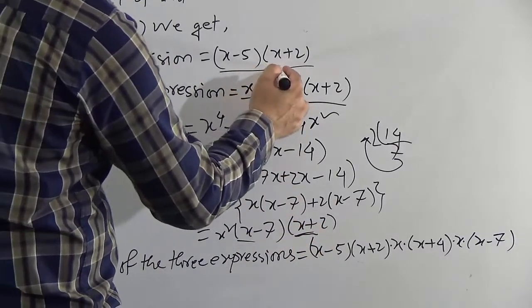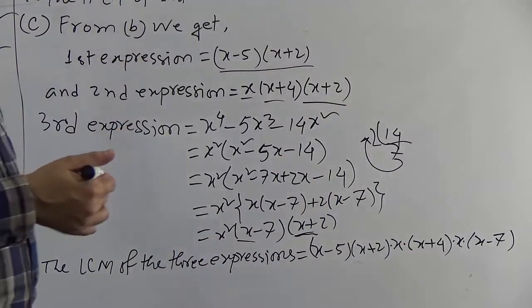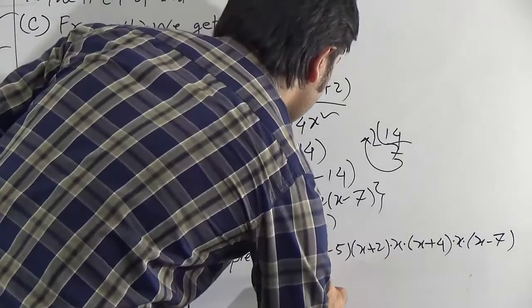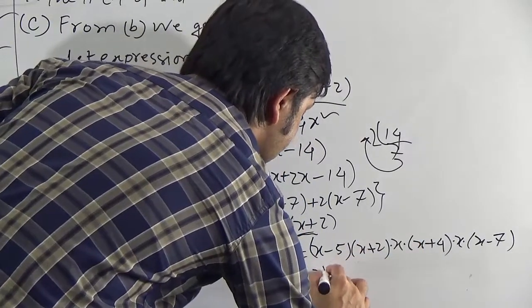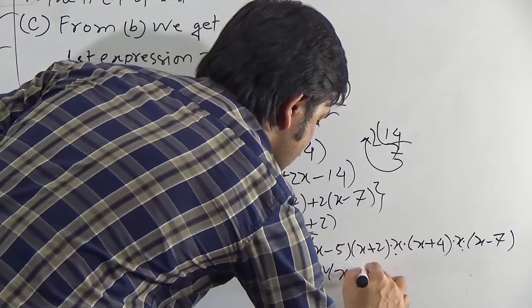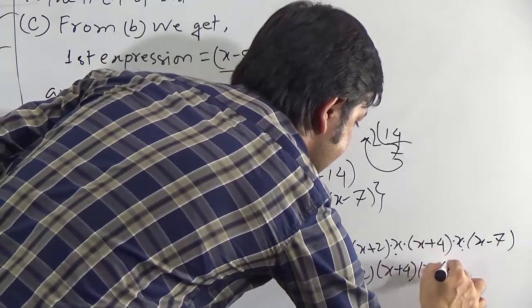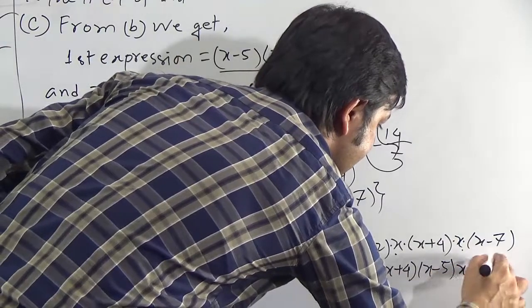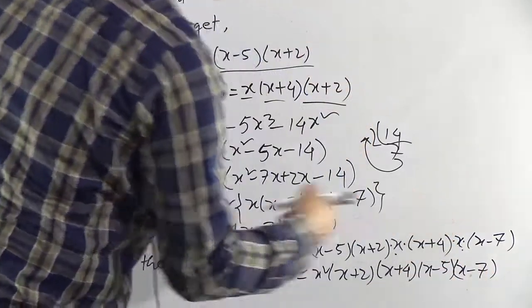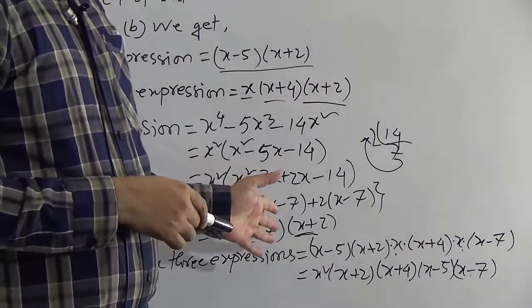Then you can take the remaining expressions also. So from this we will get x square, and x plus 2 is common here, then x plus 4, x minus 5 and x minus 7. Dear students, this is our required LCM.